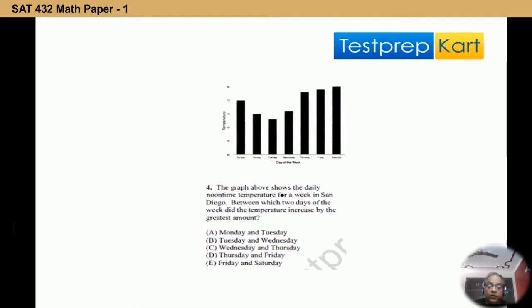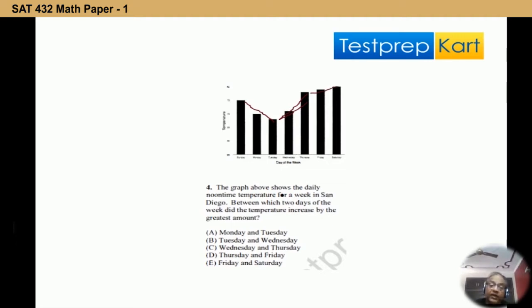Now here is a question where you have a graph, and the question he is asking is which 2 days of the week did the temperature increase by the greatest amount? Now you see here the temperature is reducing, so there is no question of these 3 days. Here it started increasing, okay, and here also it's increasing.